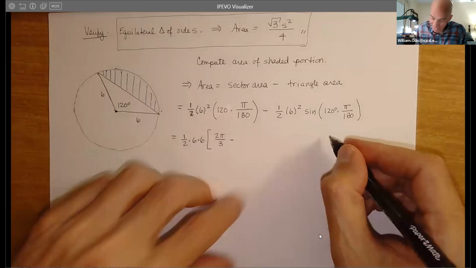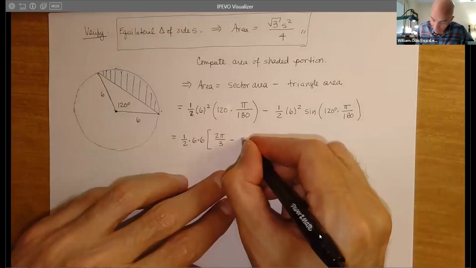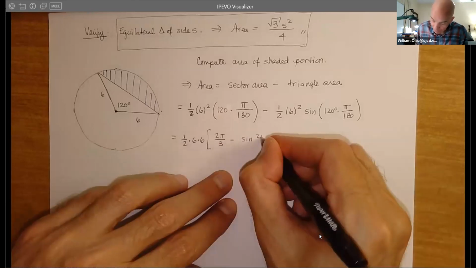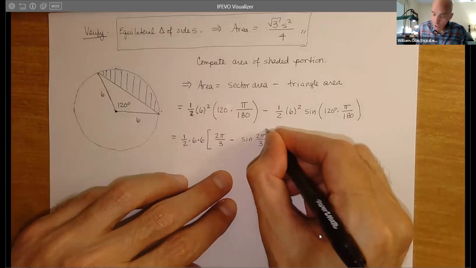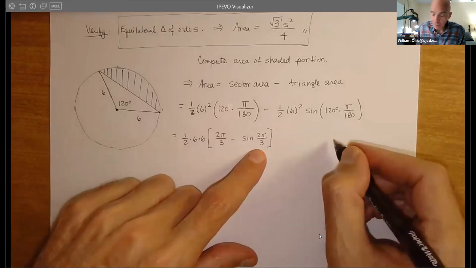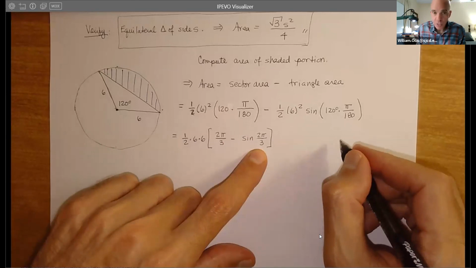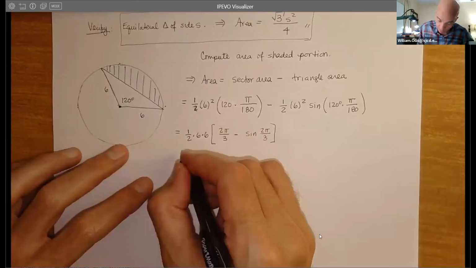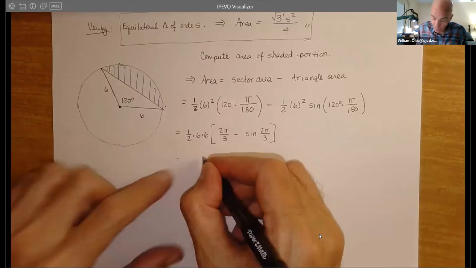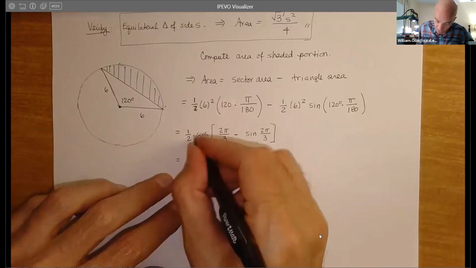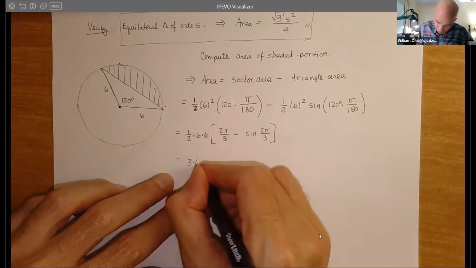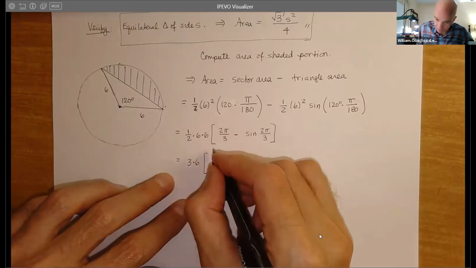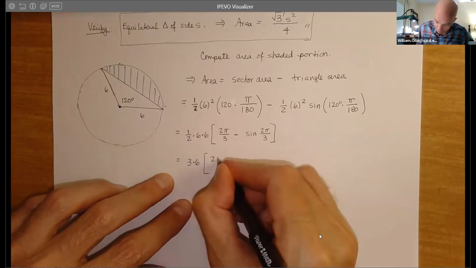And now of course we have sine of 2 pi over 3. So we'll use, again, our unit circle, or use the reference number or reference angle. So this will be, what, 3, 2 into 6 is 3, 3 times 6, 2 pi over 3.